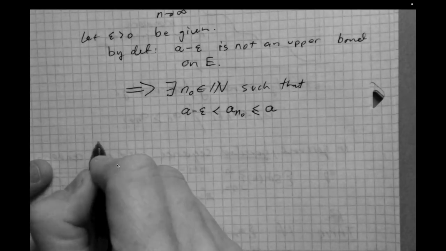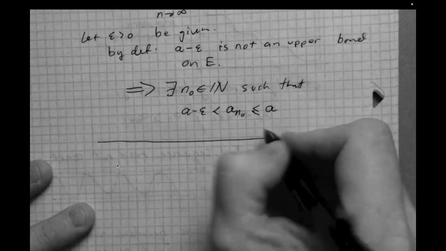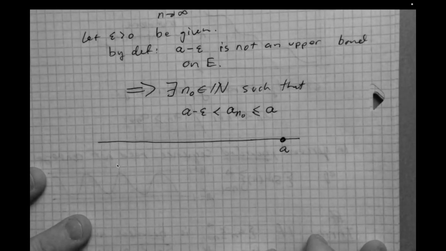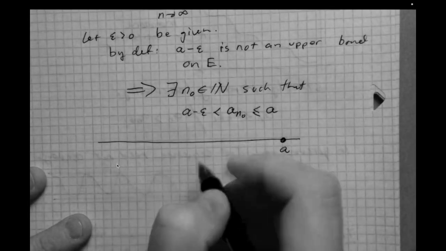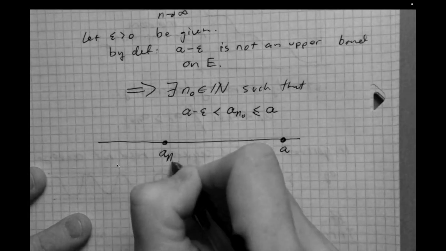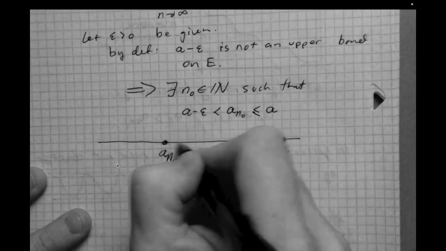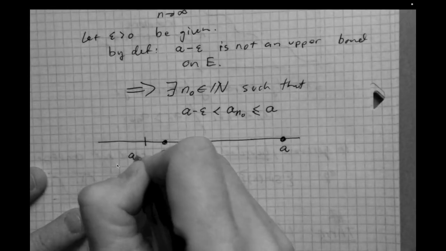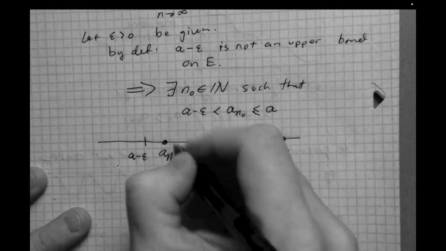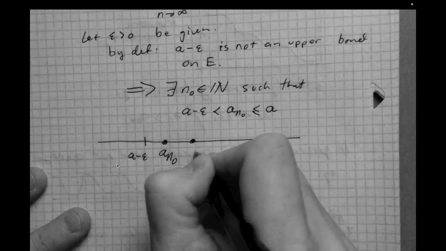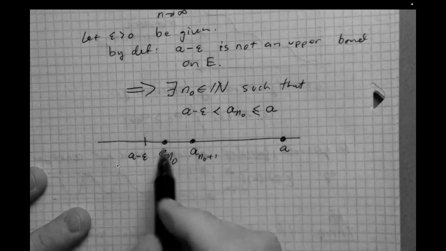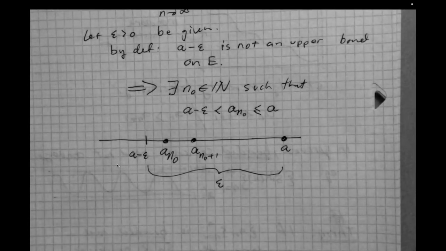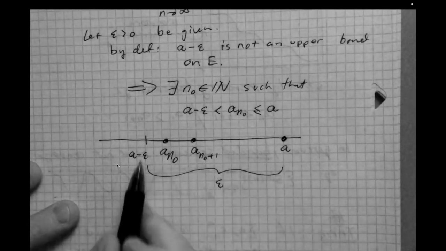You can think of it visually like this. You've got your A up here, which is the supremum. Then you've got your a sub n naught here, and somewhere further back is A minus epsilon. Somewhere above this is a sub n naught plus 1. This whole distance here is epsilon.